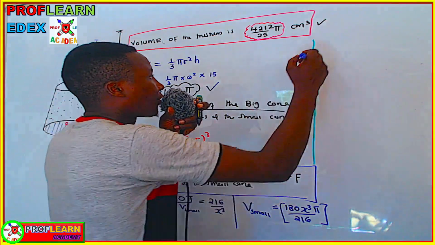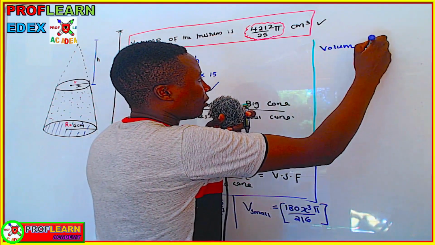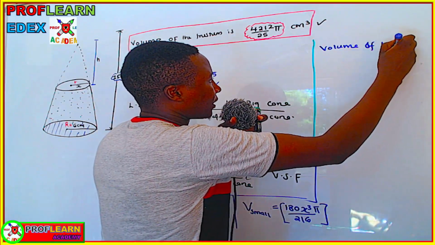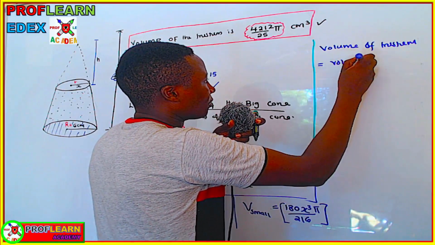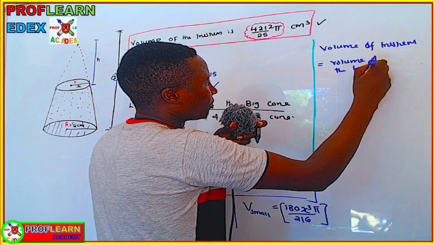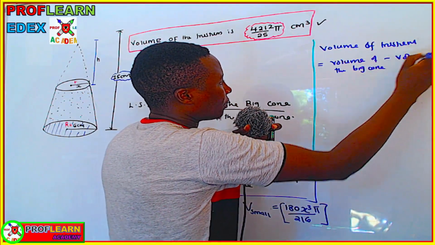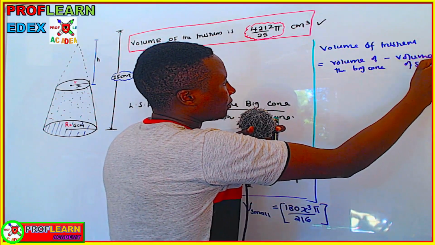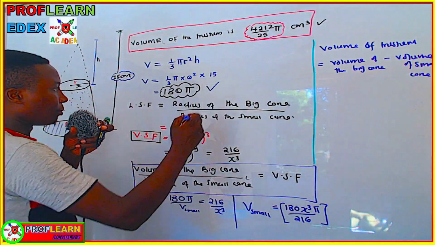The volume of the frustum is the volume of the big cone minus the volume of the small cone.